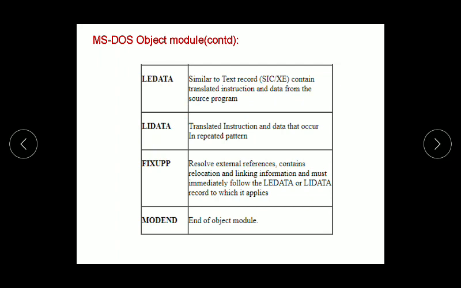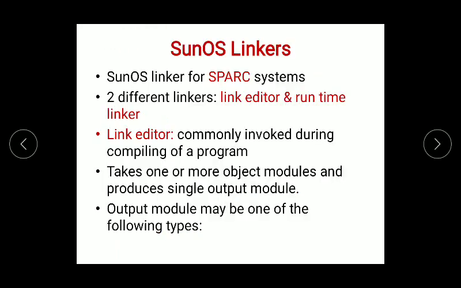FIXUPP, resolves external references, contains relocation and linking information and must immediately follow the LEDATA and LIDATA record to which it applies. Last one is MODEND, end of the object module. These are all the record types for the MS-DOS object module.